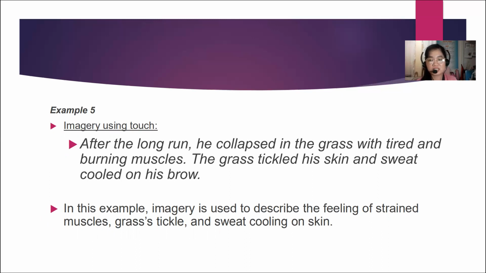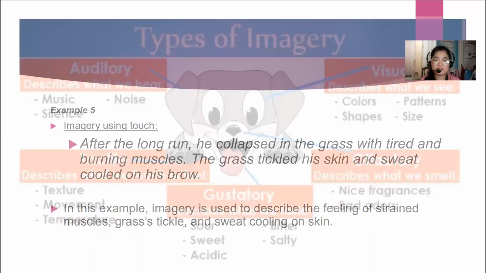The grass tickled his skin and sweat cooled on his brow. So, what do you get? It is very vivid: tired and burning muscles, so you imagine the burning. The grass tickled his skin, so when he lay down it felt ticklish, and he could feel the sweat running down his brow. These images are used to explain what the man felt after the long run, after running several kilometers.